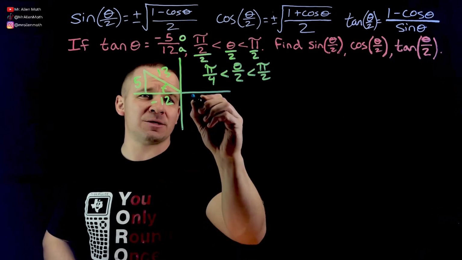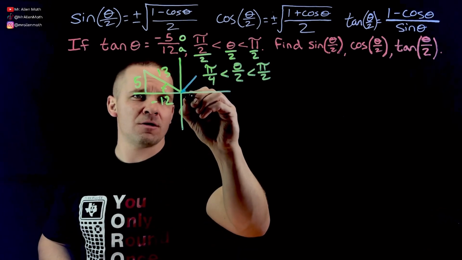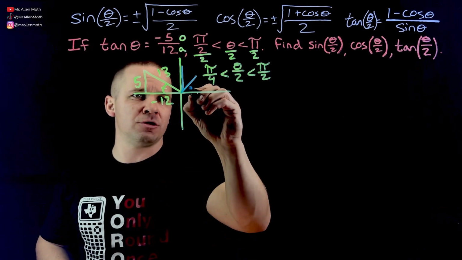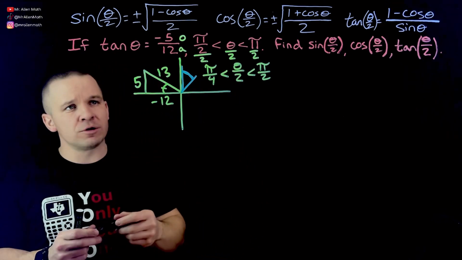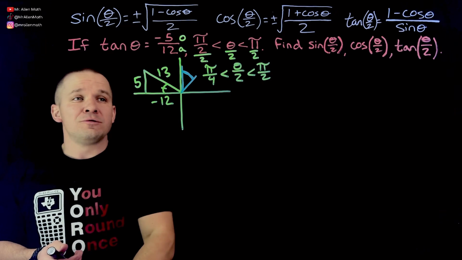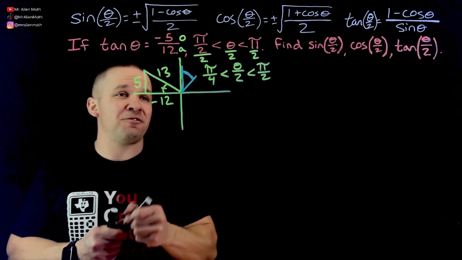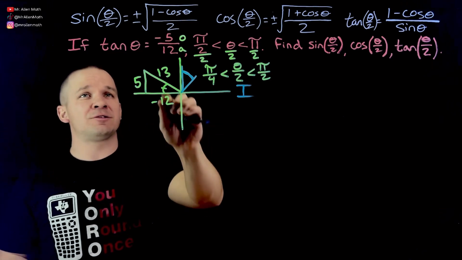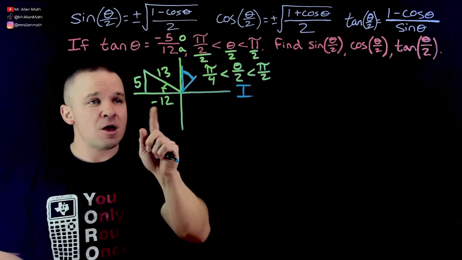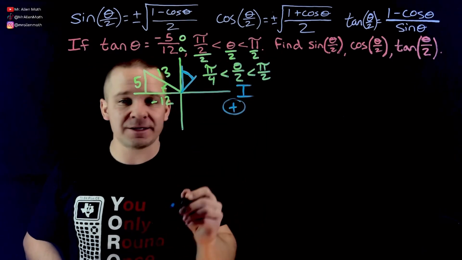That's somewhere in here, straight up being pi over 2. So theta over 2 is going to be in the first quadrant, which means all my answers will be positive.